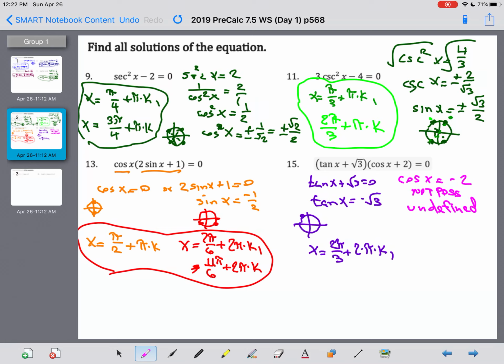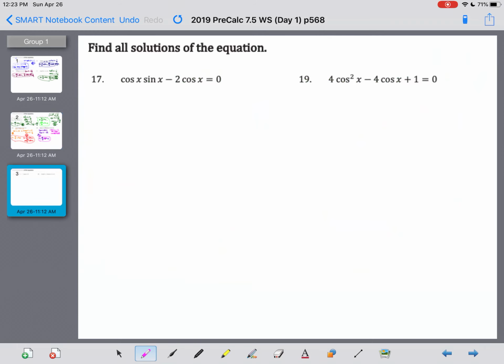So this, for number 15, is my only solution. Oh, wait a minute here. I could also get it here, and so I can cross that out here. Sorry about that.